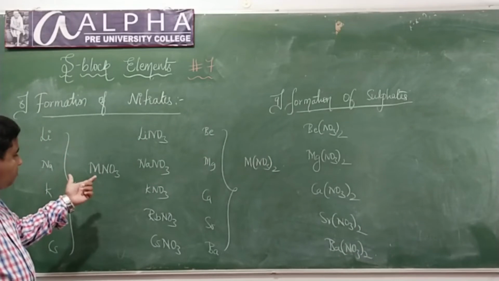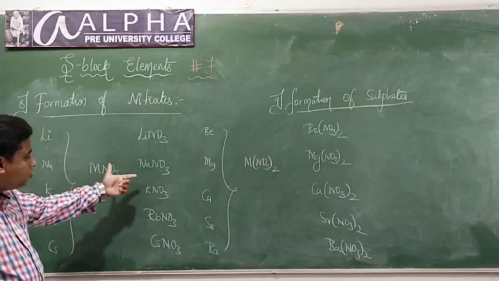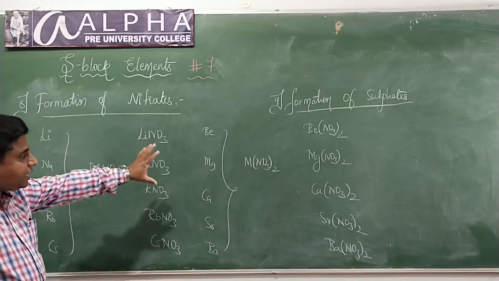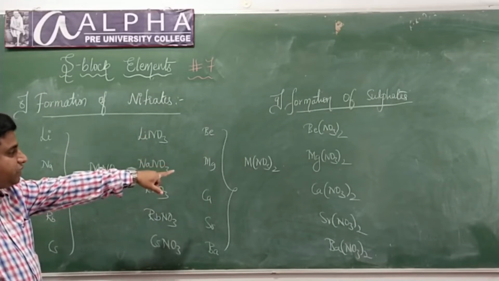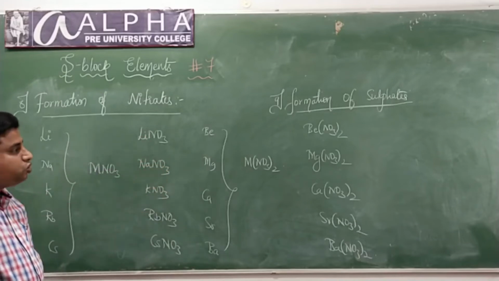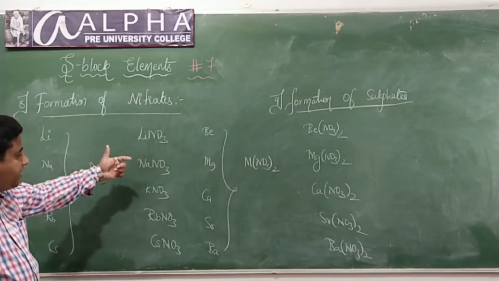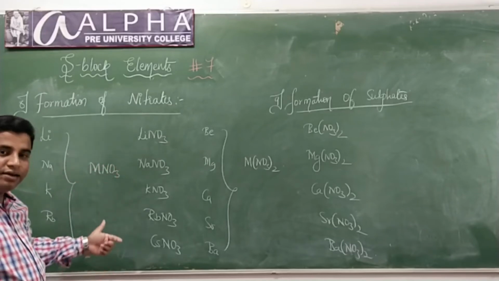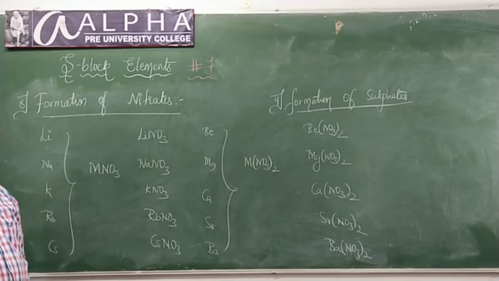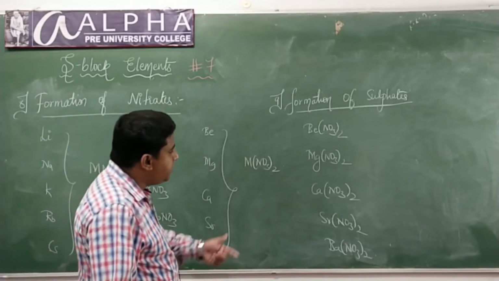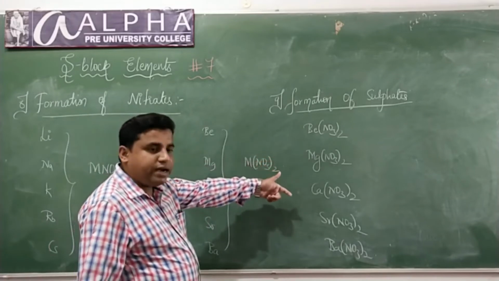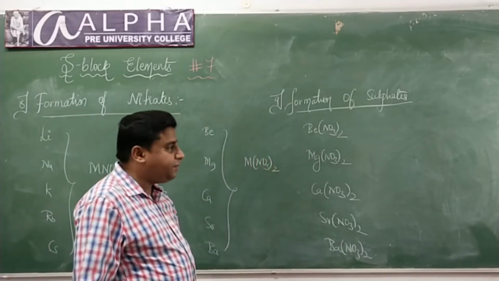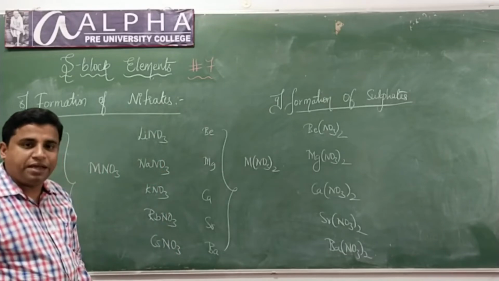Alkali metals will form nitrates of the type MNO3. Alkaline earth metals will form nitrates of the type M(NO3)2. Lithium nitrate, sodium nitrate, potassium nitrate, rubidium nitrate and cesium nitrate. Beryllium nitrate, magnesium nitrate, calcium nitrate, strontium nitrate and barium nitrate.